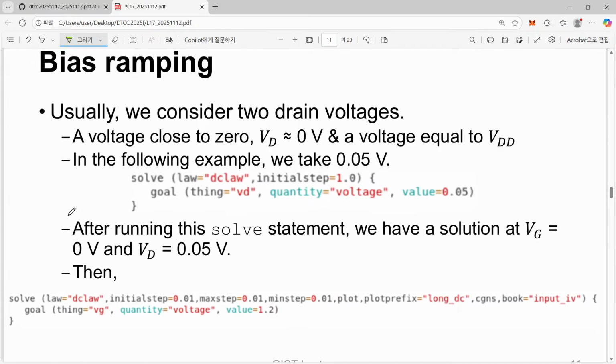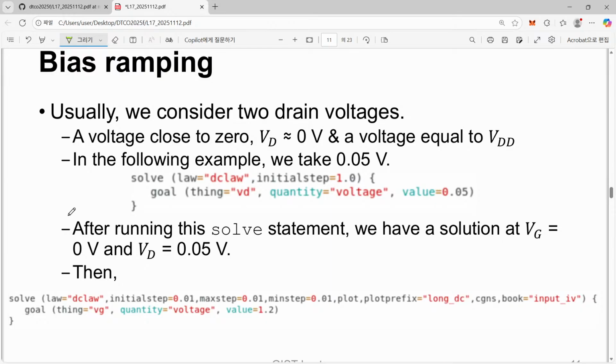In the case of a MOSFET, compared with the PN junction, we should be careful because previously PN junction we had just one active terminal, anode. Then we had only one active current, anode current. Anode current versus anode voltage, that was enough to have full information about its DC characteristics.